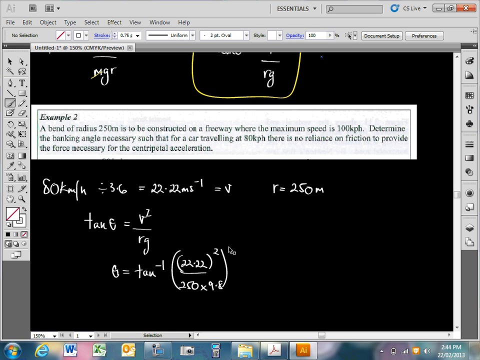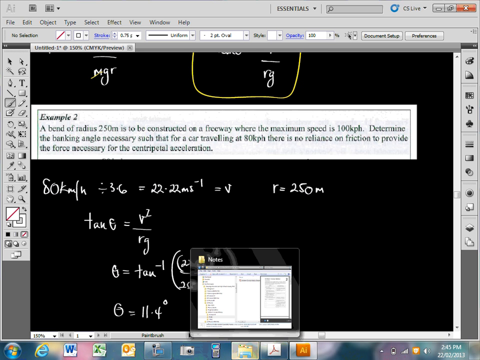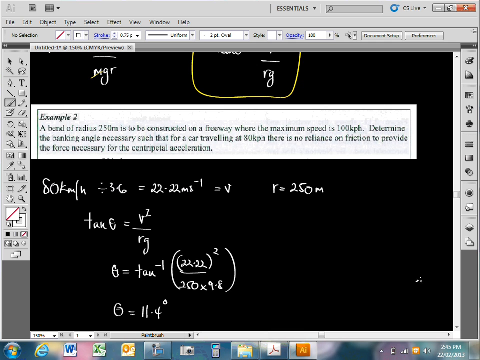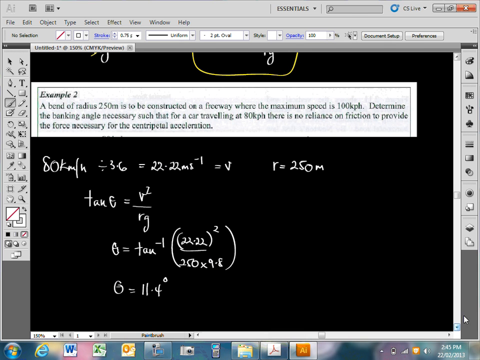How much is it? Theta equals 11.4 degrees. It sounds reasonable, doesn't it? And by the book it says, yes, that's true. Who did get that answer?